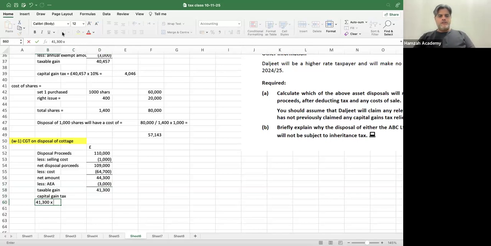So the higher tax rate on residential property is 24%, according to the table that we have. So that's going to be taxed at 24%: 41,300 times 24% is 9,912.